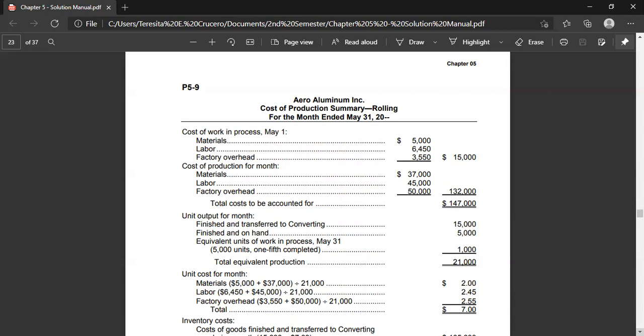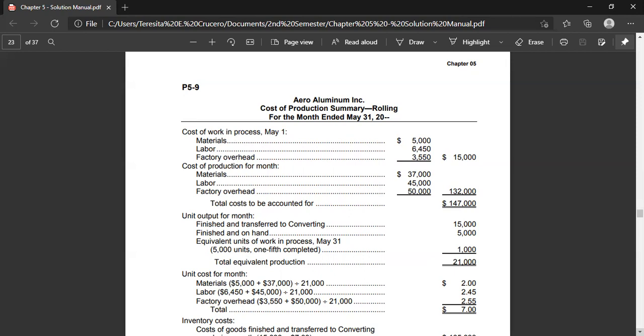And the equivalent units of the work in process on May 31, again with 5,000 units rolling, you multiply that by the stage work done, that's only 1/5. So the equivalent production is 21,000, giving us the cost per unit taken by adding the cost of the work beginning and the production cost during the month.